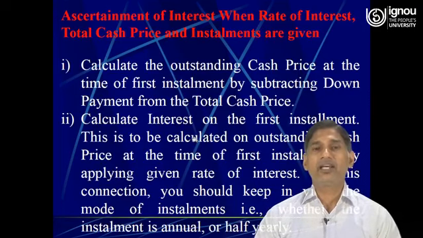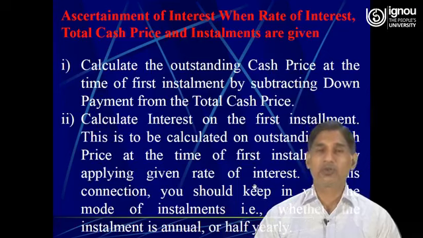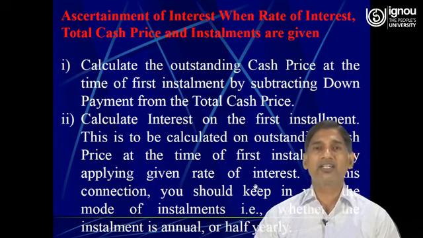Then calculate interest on the first installment. This is to be calculated on the outstanding cash price at the time of the first installment by applying the given rate of interest. So here we will apply the rate of interest given in the question to the outstanding cash price at the time of the first installment.